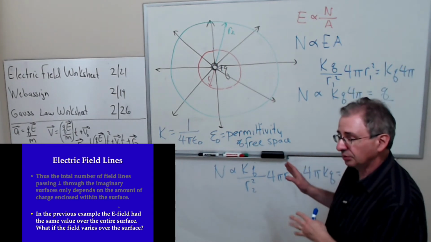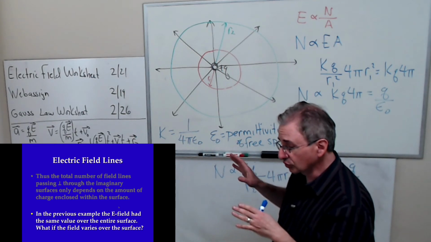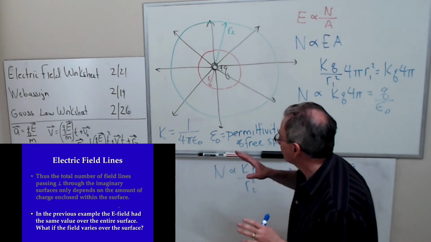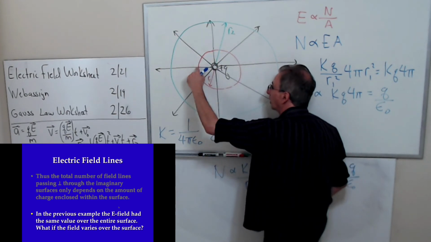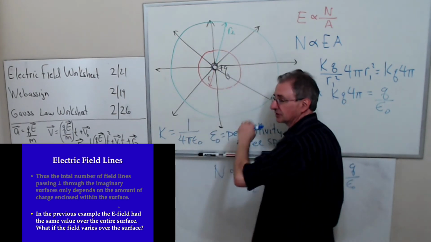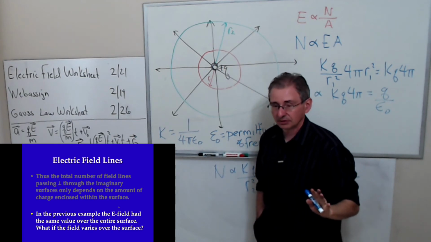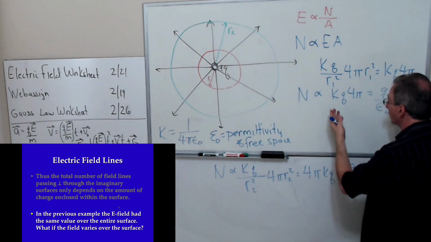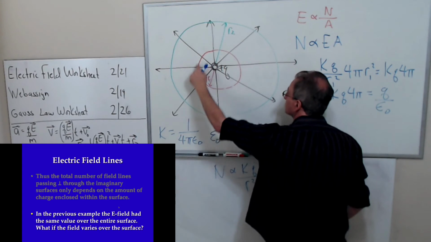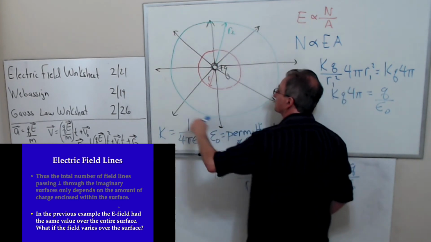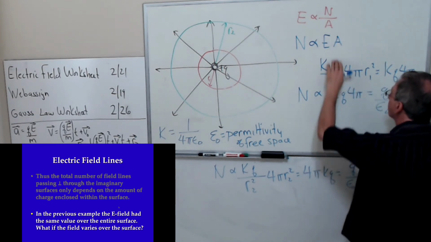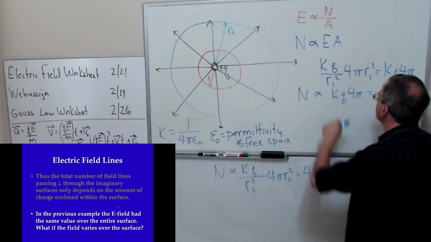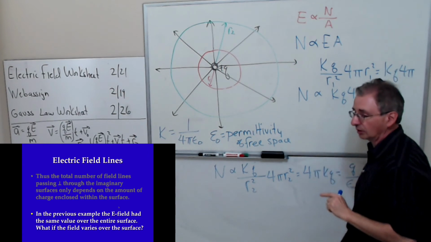In my example here, the field along this imaginary surface had the same value because the field is kq over r. So this calculation was easy because the field had the same value anywhere along the surface.